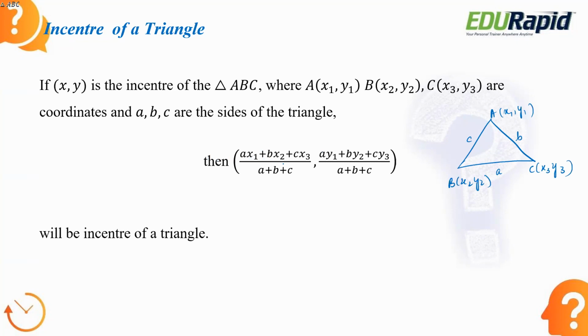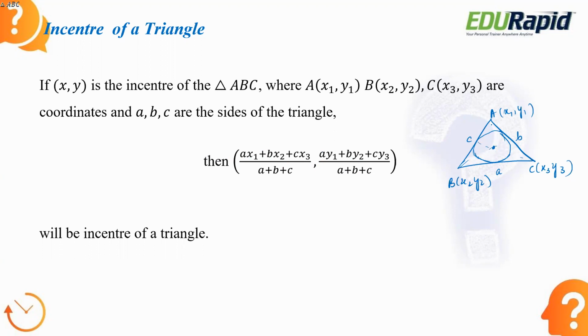(a x1 plus b x2 plus c x3) by (a plus b plus c), comma, (a y1 plus b y2 plus c y3) by (a plus b plus c). The incenter is the center of the circle inside the triangle, and you have a point here. So the incenter is actually given by the formula.